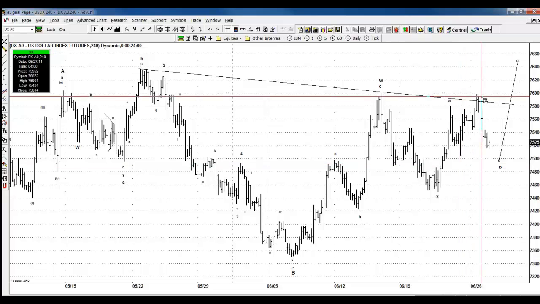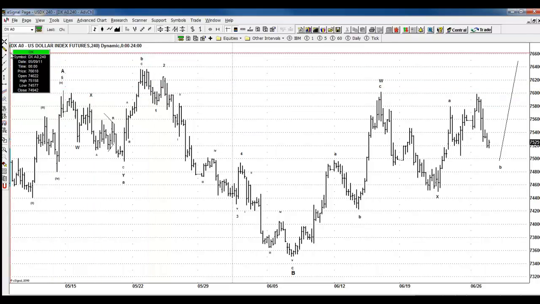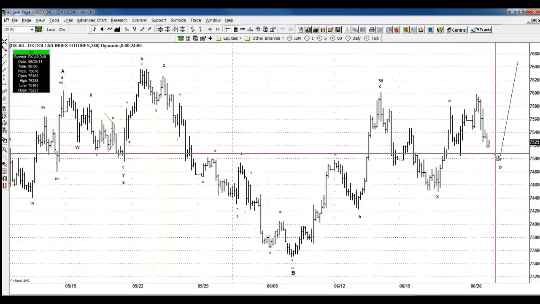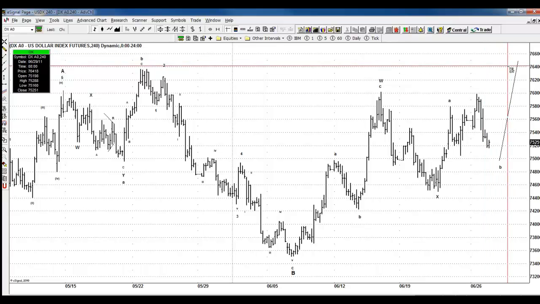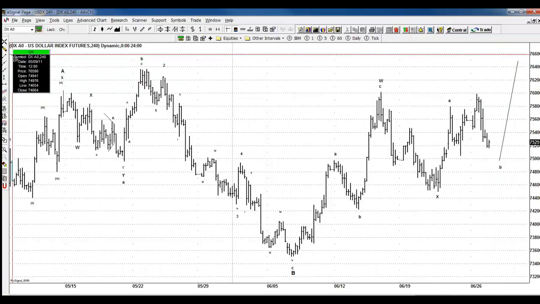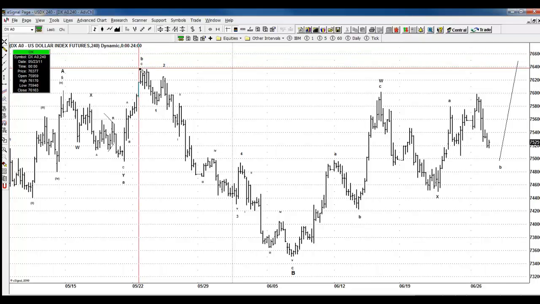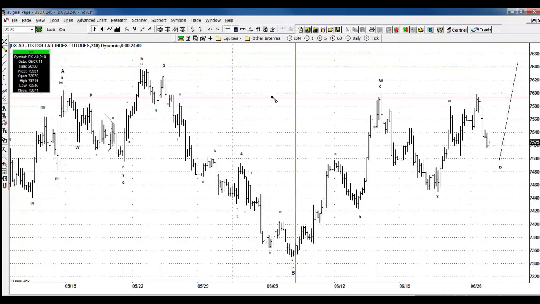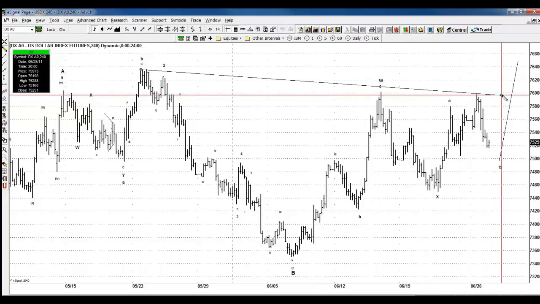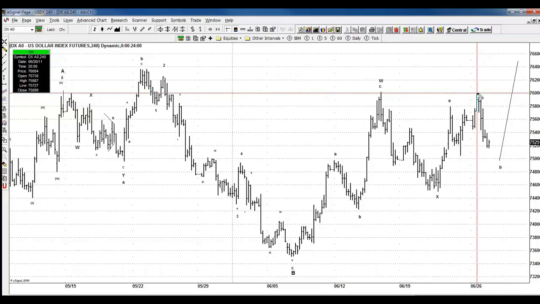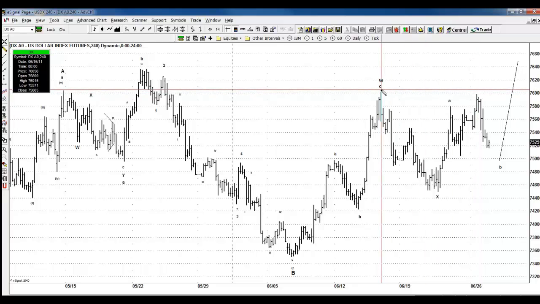It's correct. It's possible. If this is the case, then if there is a triangle instead of the W, X, Y C wave that I have right here, then this is going to be like this. But either way, we need more to the outside because this print is lower than this.